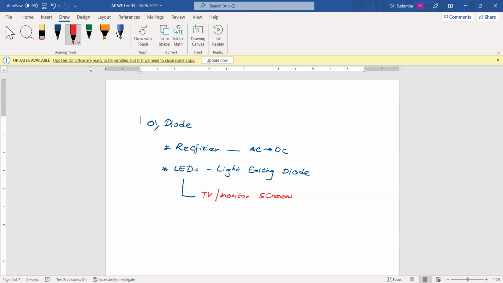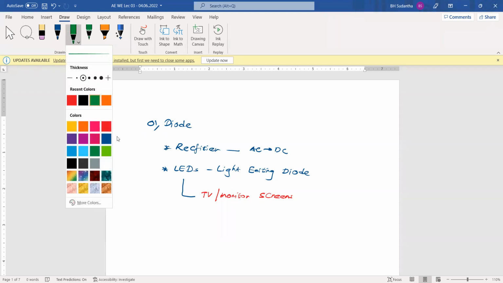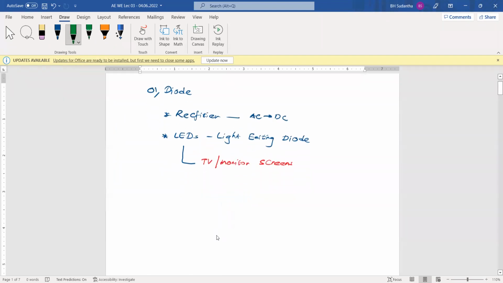Okay, so how can they mention this as an LED TV? They are not LED. The screen is not LED, but how do they put this LED TV term there?